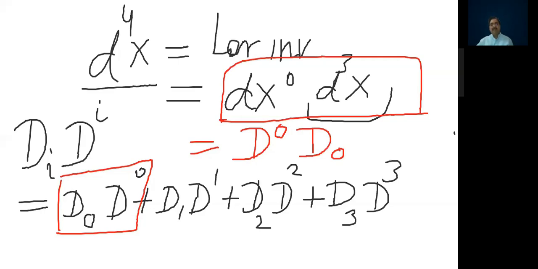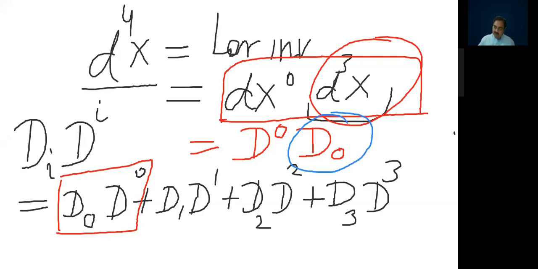My purpose is to identify the nature of d3x, right? And from this simple argument, it appears that this d3x seems like d0. What about the rest of the components here? The rest of the components are all absent in our present case of d4x.